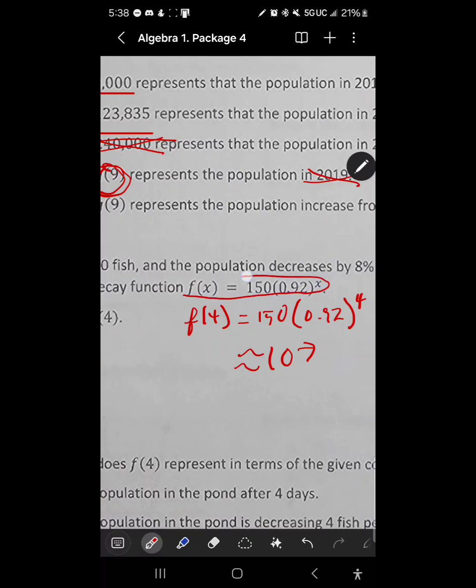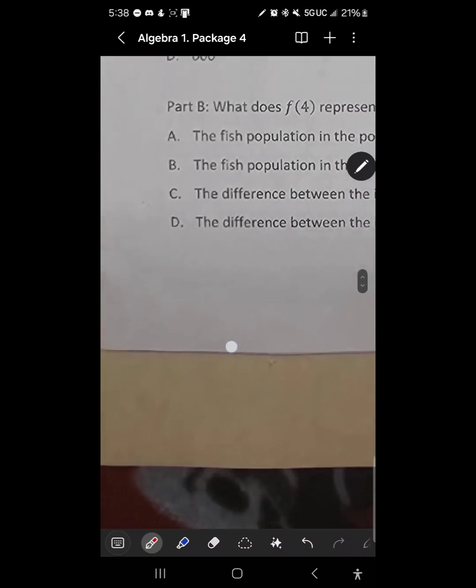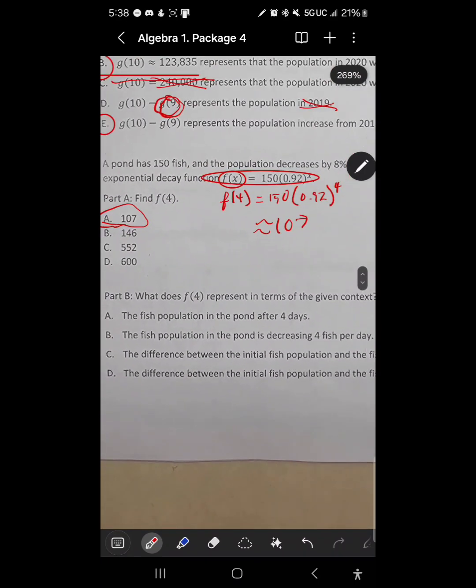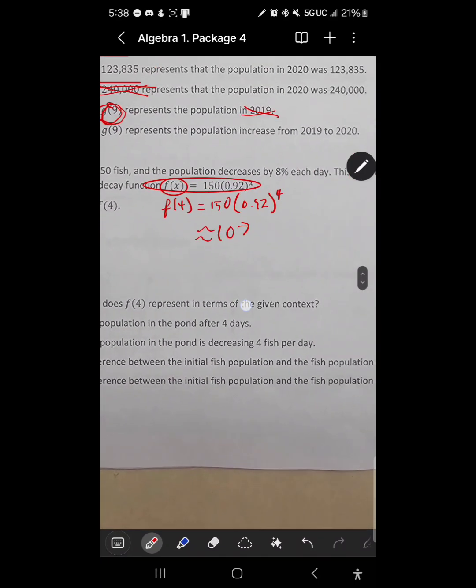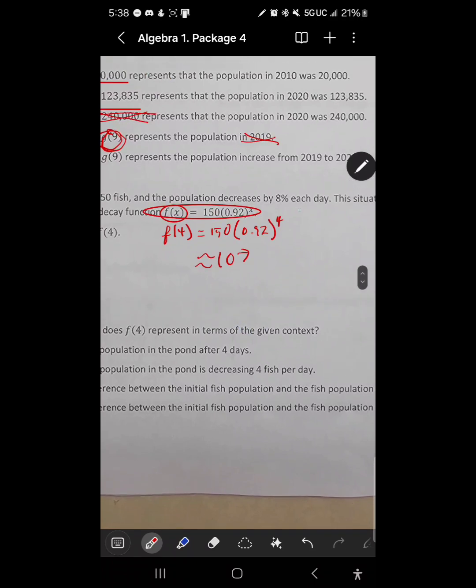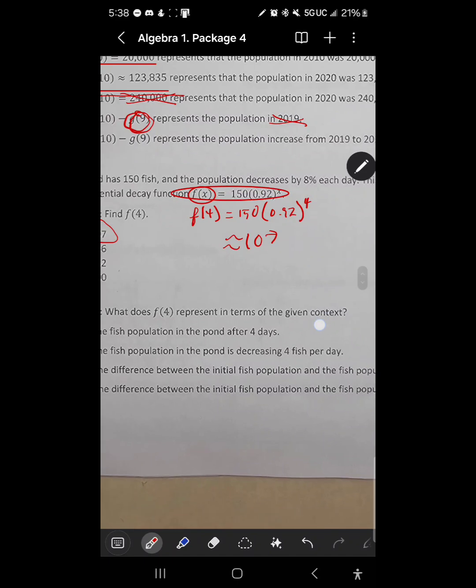Therefore, all this gives you the population at a specific moment, like 3 days later or 4 days later, which we just calculated. So f(4) represents the population four days later, because it's saying 8% each day. We're putting 4, so it will be 4 days after that.